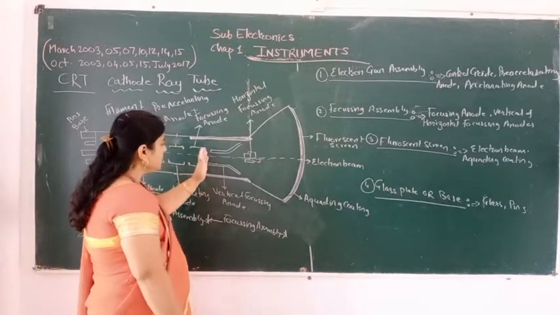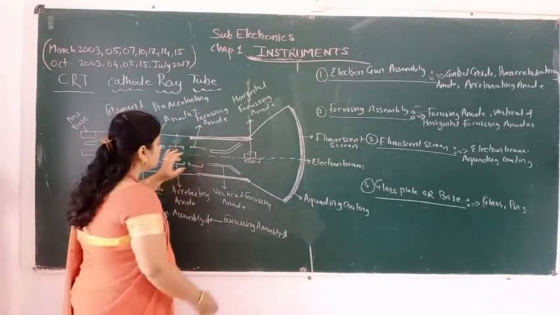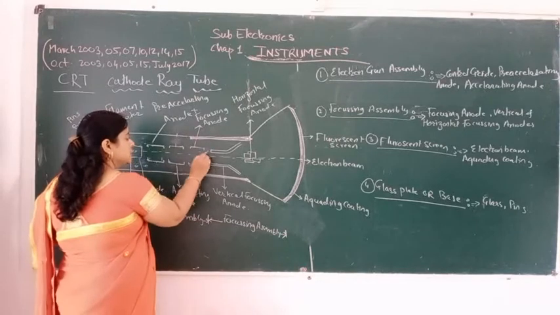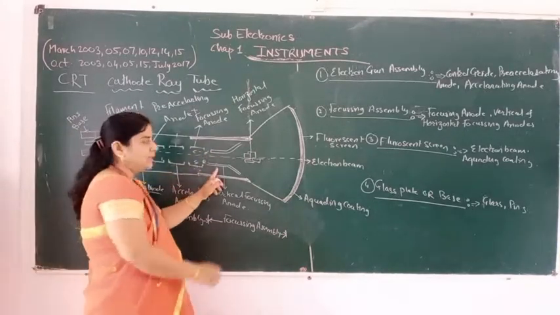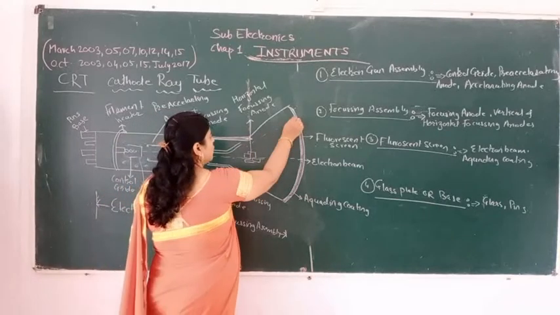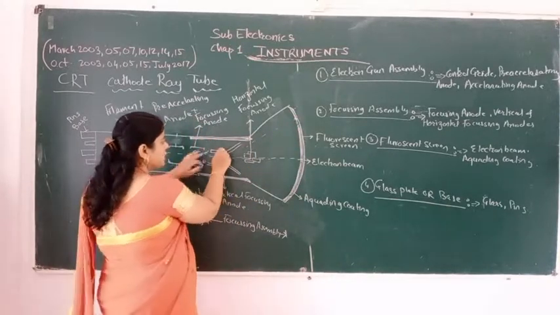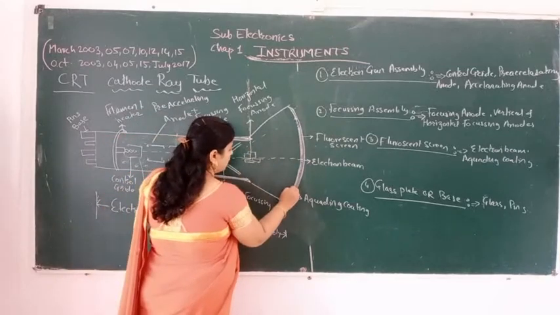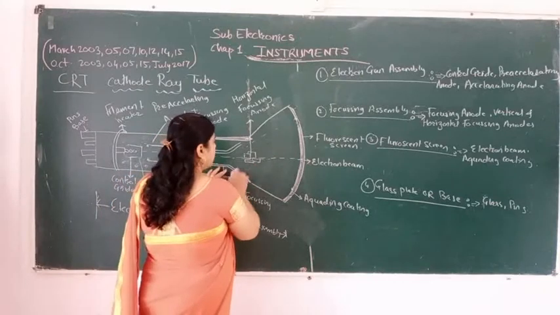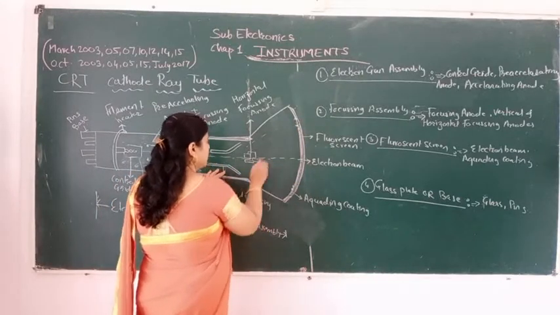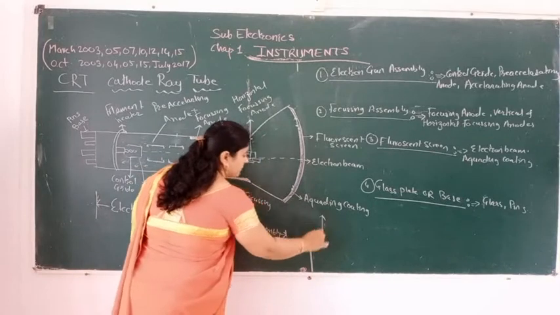It comes up till here. See, it is the vertical focusing. The electrons come here. When you apply the voltage to this plate, electrons will flow on this screen in this direction. If you apply it again in this direction, it is used to give the vertical direction.